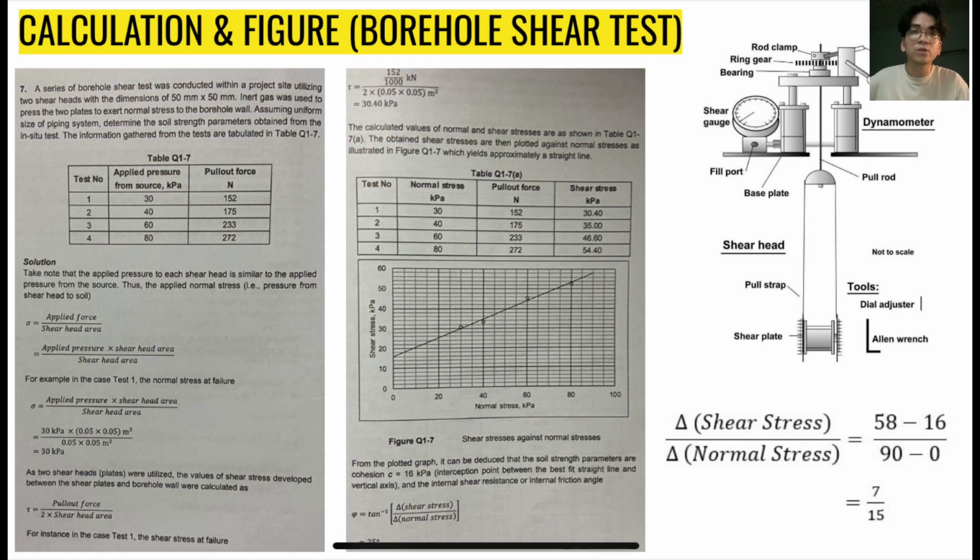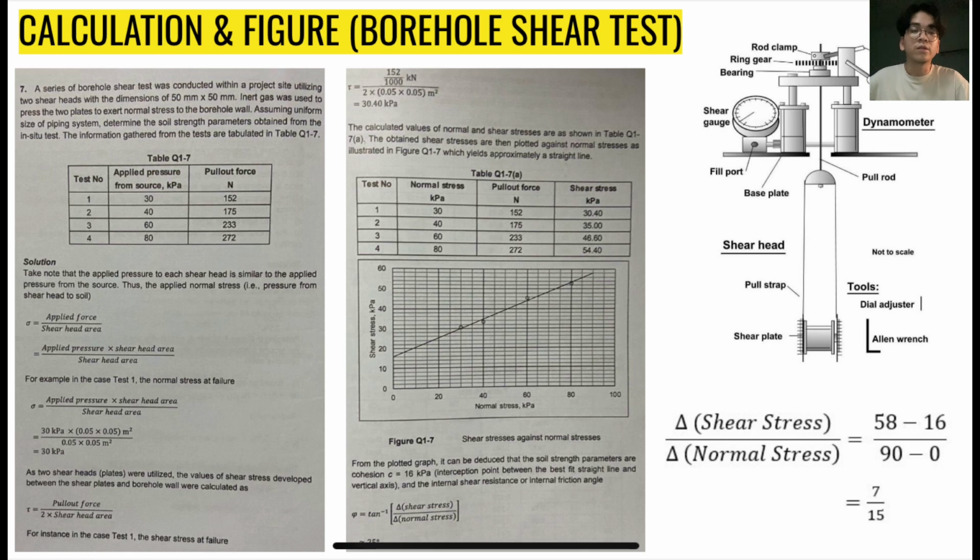And for the next one, the calculated values of normal and shear stresses are as shown in table Q1. The obtained shear stresses are then plotted against normal stresses as illustrated in figure Q17, which yields approximately a straight line.